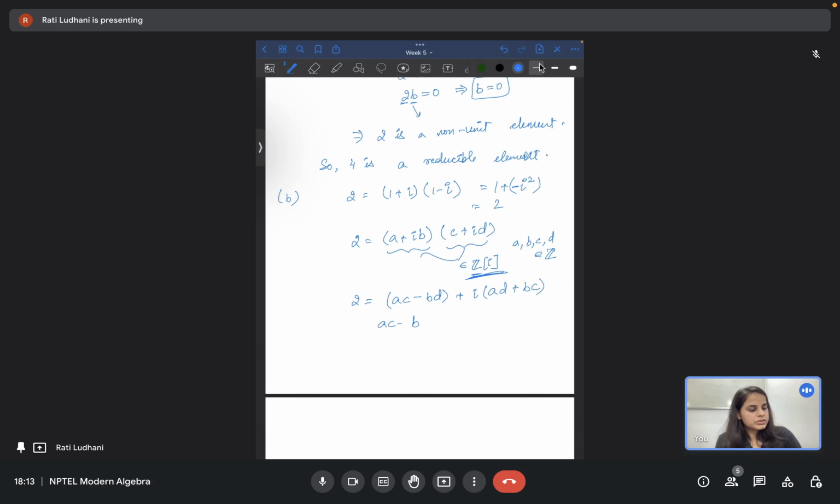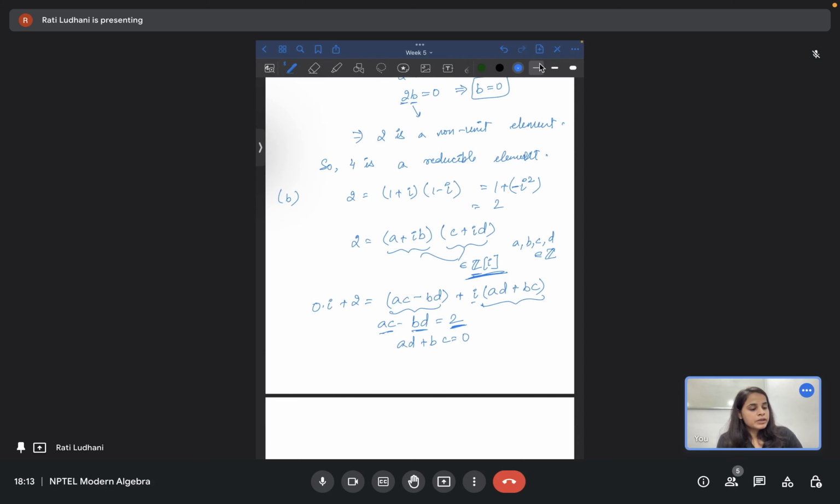If you compare, this is your Z part, the integer part, and this is the iota part, so here you have iota into 0. So this should be equal to 2, and AD plus BC should be equal to 0. Now try to find if you can have something like that. So you want this to be 2. Can you find AC minus BD like that or not?